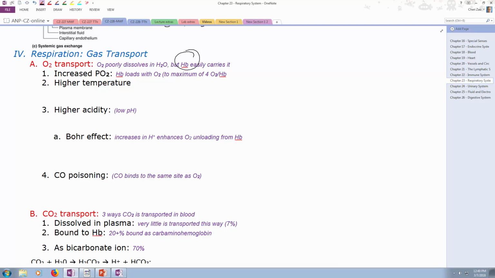And with hemoglobin, remember, we have 4 oxygen binding sites on each hemoglobin molecule. And that's the maximum a hemoglobin molecule can carry. So we can carry 1, 2, 3, or 4, correct? More often we are fully loaded unless we're actually coming from tissues that used up a lot of oxygen for us.